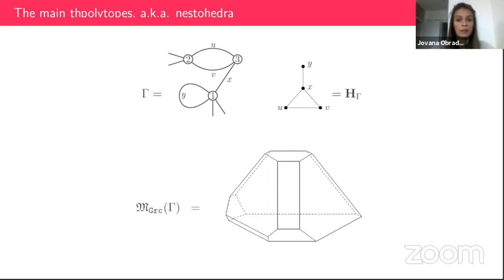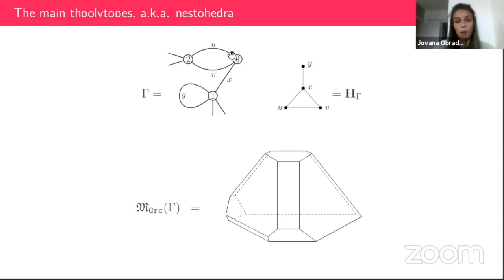The demystification lies in the fact that the operations of the arity gamma of our minimal model correspond to the faces of the hypergraph polytope, whose hypergraph H gamma is associated to the starting graph gamma in the following way. The vertices of my hypergraph will be the edges of gamma.